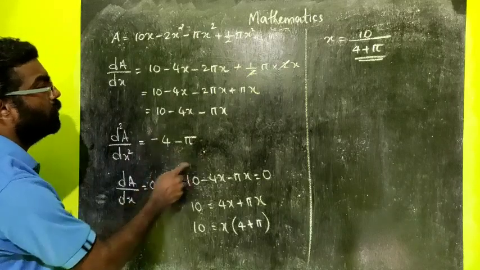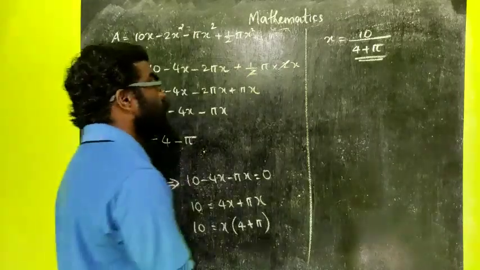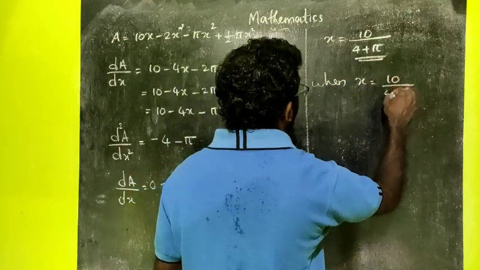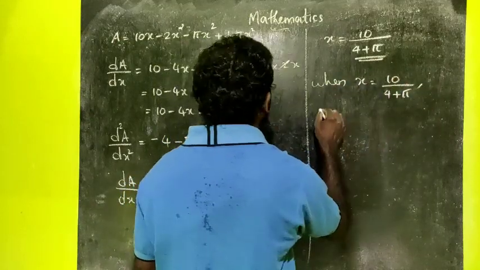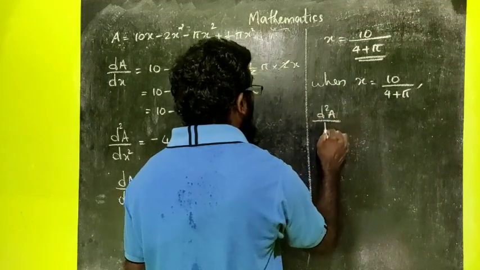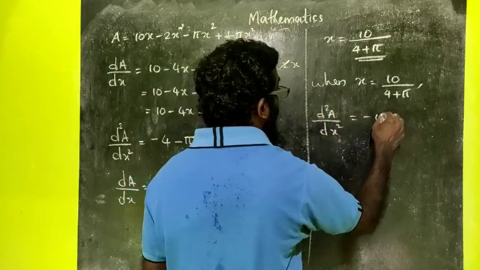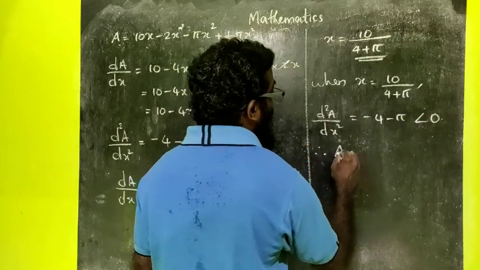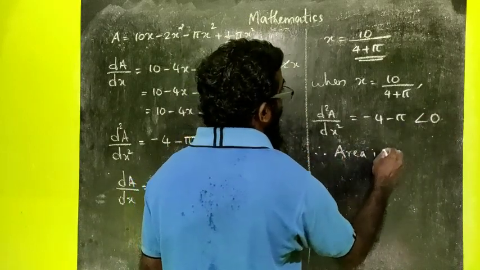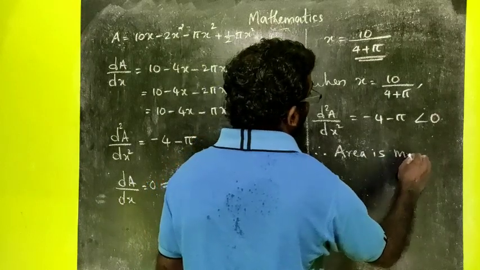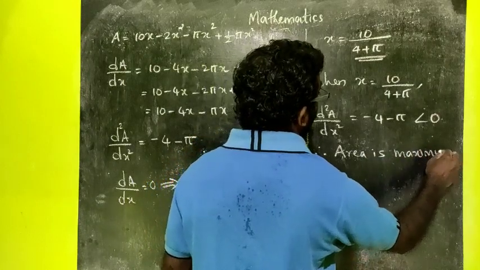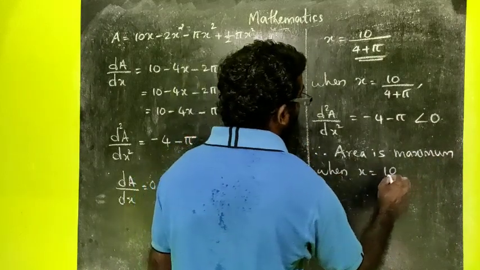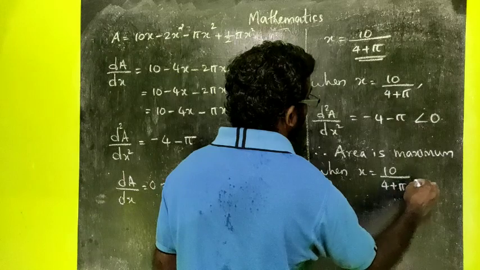Here there is no term involving x. So when x is equal to 10 by 4 plus pi, d square A by dx square is equal to minus 4 minus pi, which is less than 0. Therefore area is maximum when x is equal to 10 by 4 plus pi.